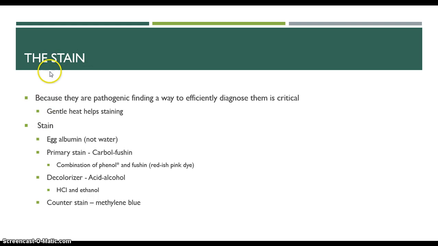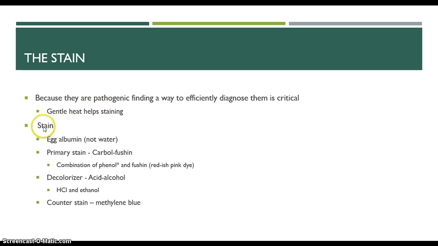Because these are pathogenic, finding a way to efficiently diagnose them, to find them, is very crucial in diagnosing people who are infected with this stuff. What they find is that gentle heat helps in the staining, so they found a way to gently heat up this stuff and then add stain so that you can stain the acid-fast cells.